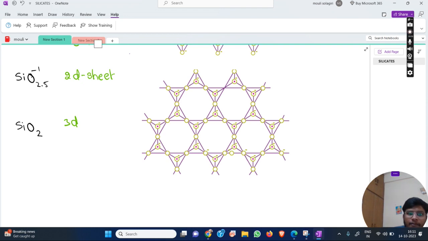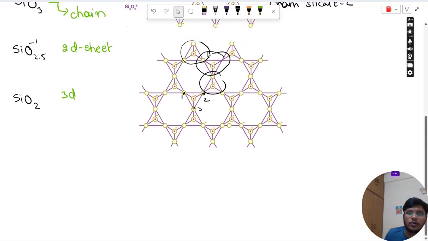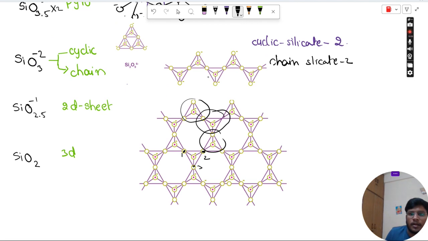Here you can see this is a regular tetrahedron, and this is a regular tetrahedron, and this is also like this, so a 2D sheet-like structure came. When it's a 2D sheet, for example, let's consider this tetrahedron and count how many oxygen atoms are shared: 1, 2, 3. So a total of 3 oxygens are shared. So here it is 3.